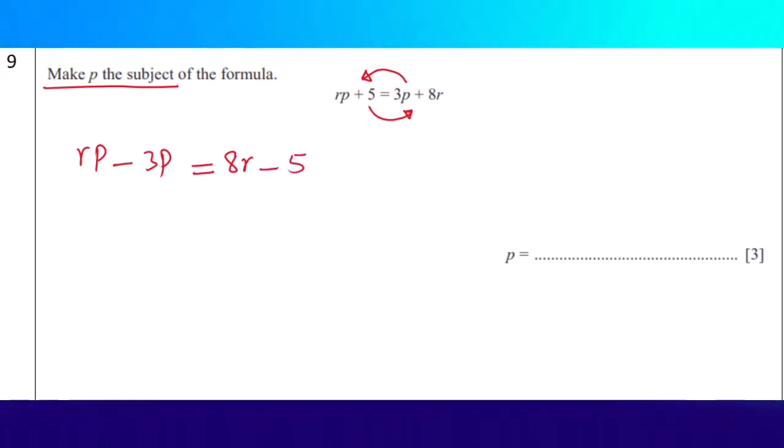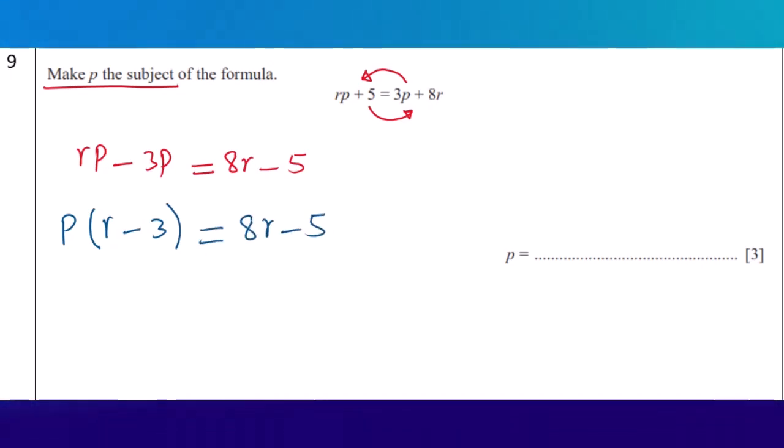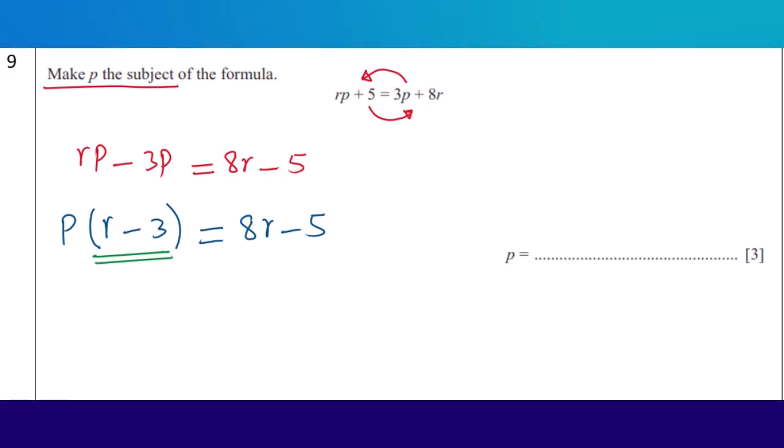On the left hand side, you can see P is in both terms. So we will take P common because we have to separate P. Now what is left inside the bracket? R minus 3 is equal to 8R minus 5. We don't want this factor R minus 3 on this side.